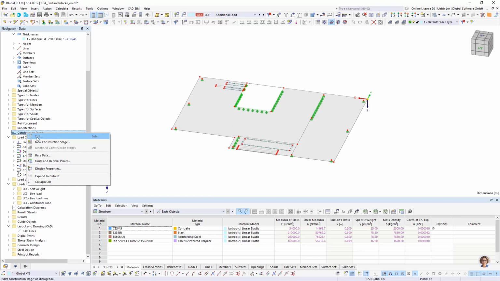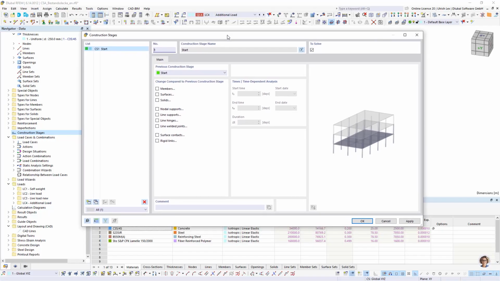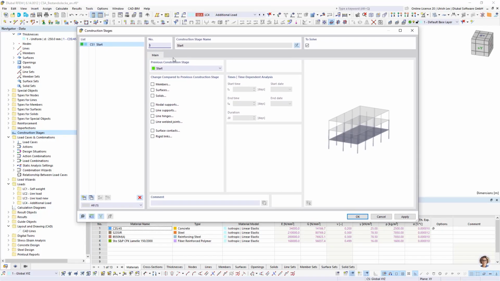When I do this, then I get this new tab. Here I can choose which member, surface, solids are acting in our new construction stage.